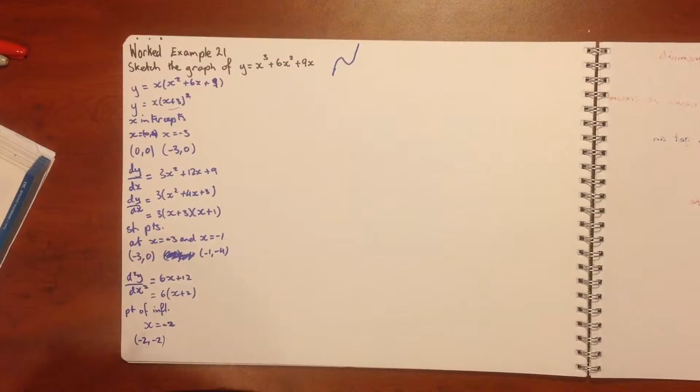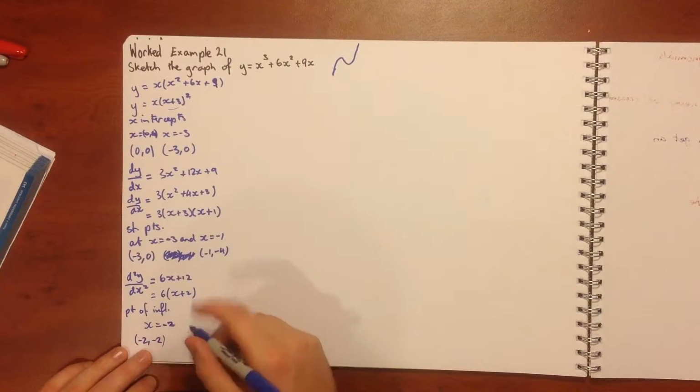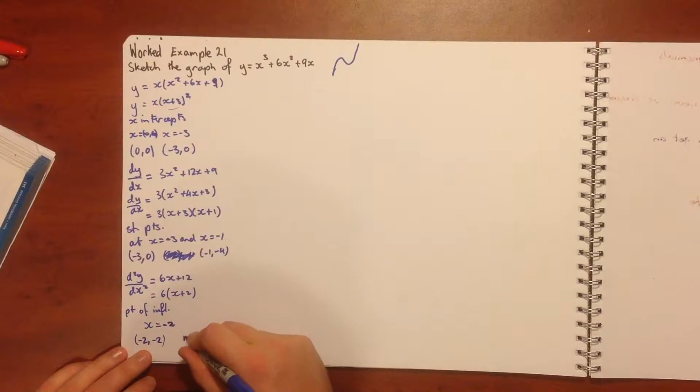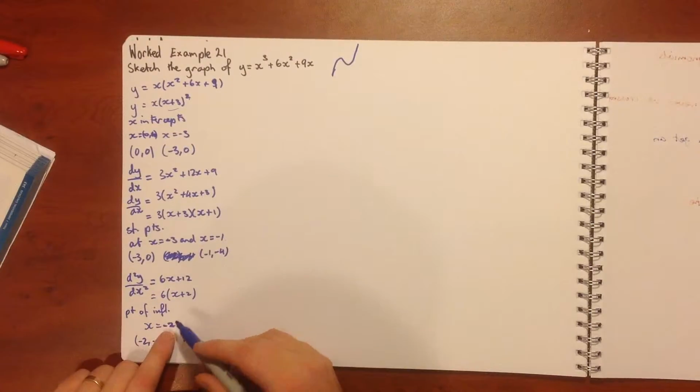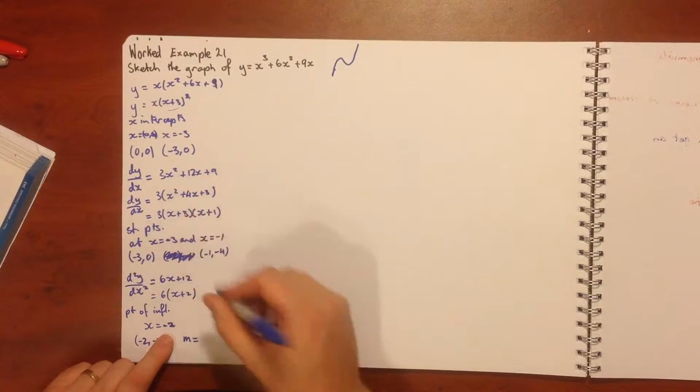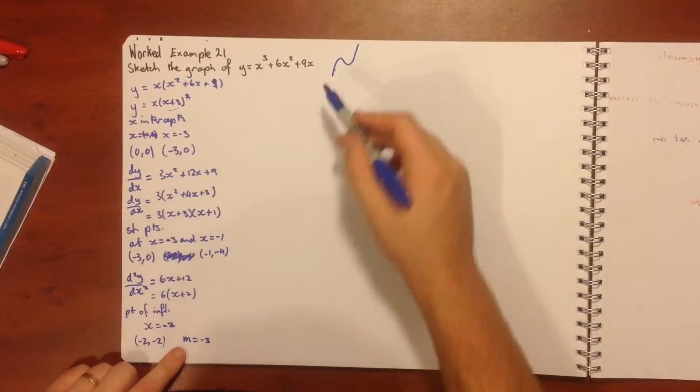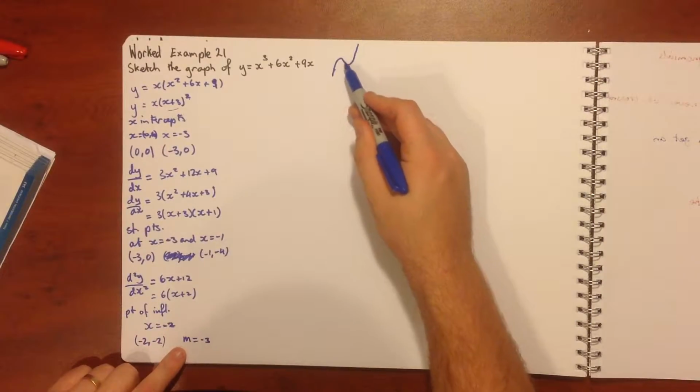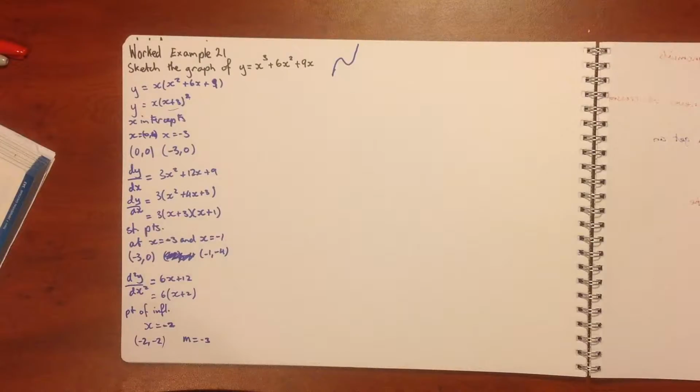What we want to do is determine the gradient at our point of inflection. When we sub this into our derivative function, we find it is -3, which confirms our negative gradient down there. So we're pretty much organised now.